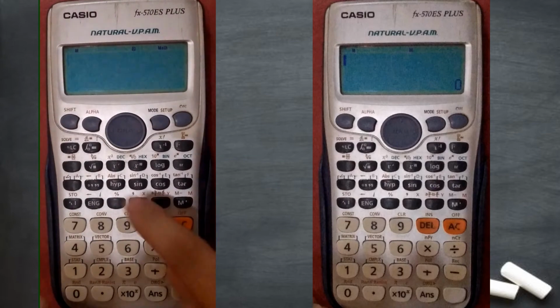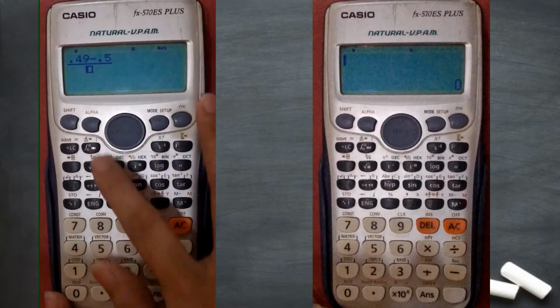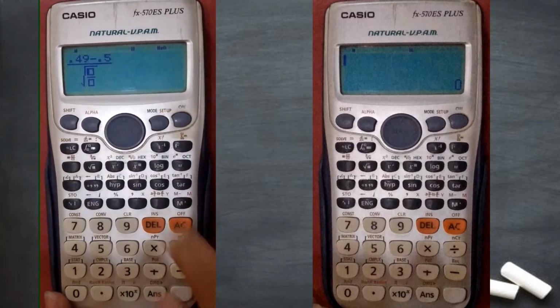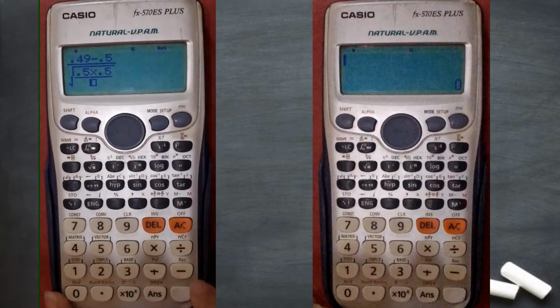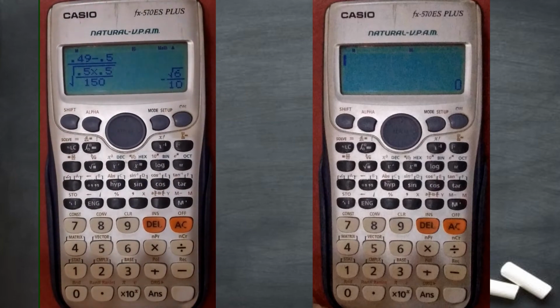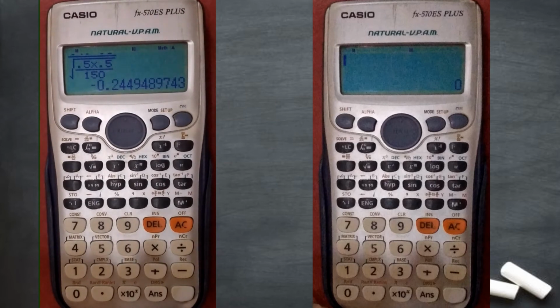For a 4-liner calculator, press fraction, then 0.49 minus 0.5 all over the square root of the fraction 0.50 times 0.50 all over 150, and then the equal sign. Then press S to D to change this fraction form to decimal. Then that will be the answer.